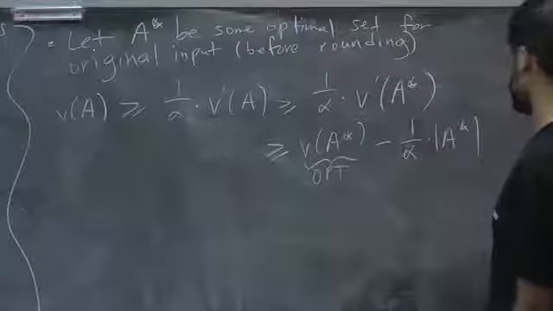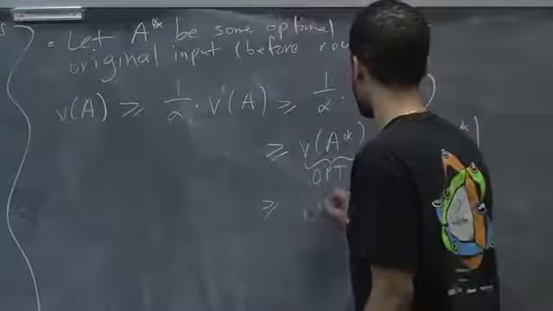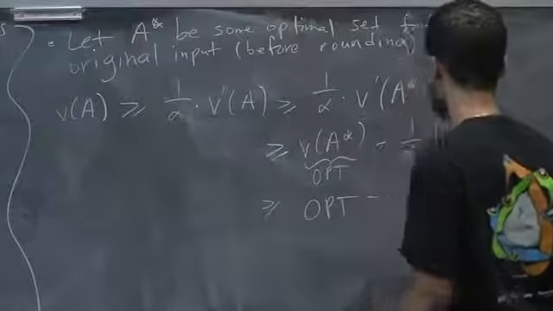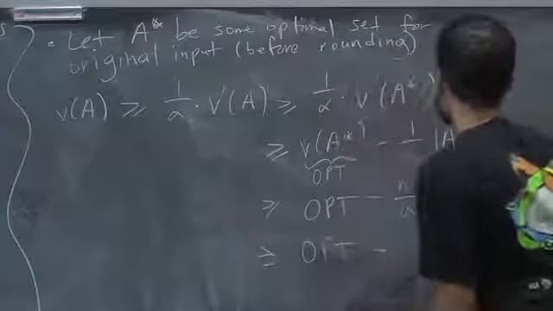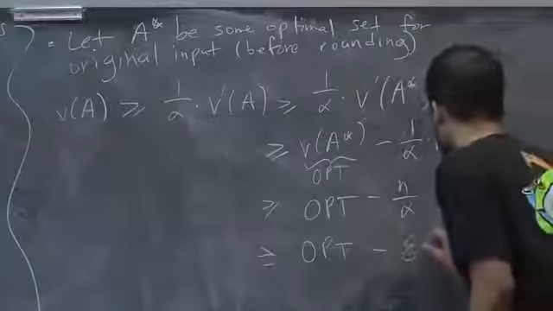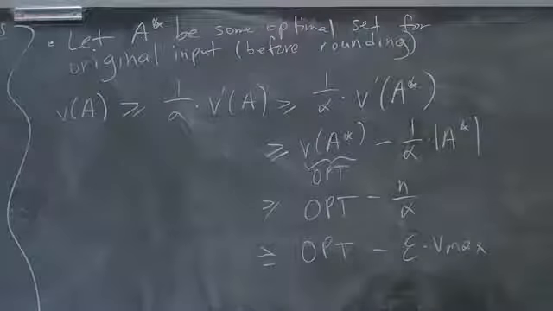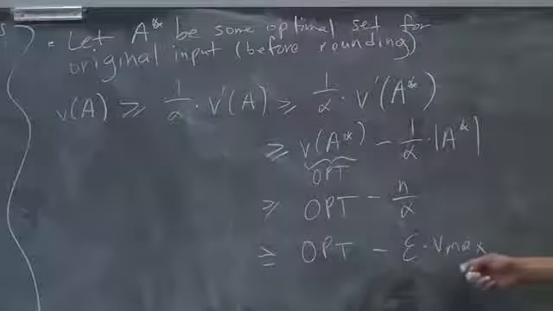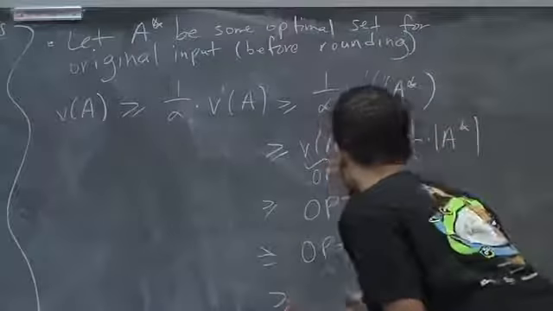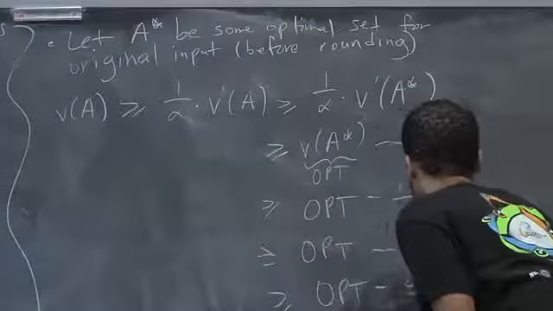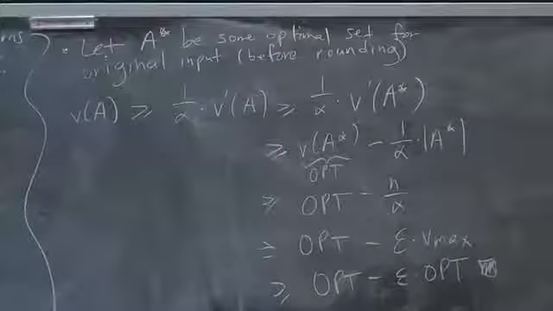And that's certainly at most n. So this is at least opt minus n over alpha, which is at least opt minus epsilon times V max. That's just the definition of alpha. And now opt is certainly at least V max. So that's it.